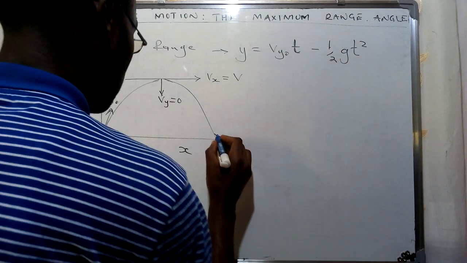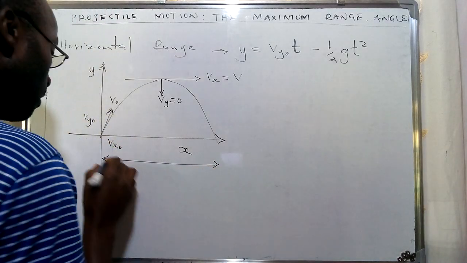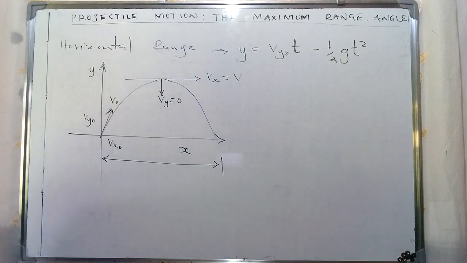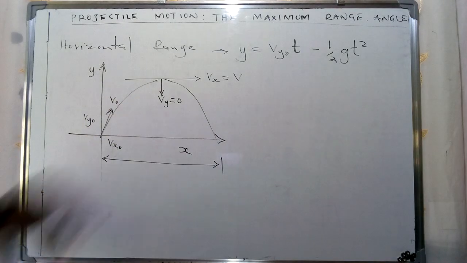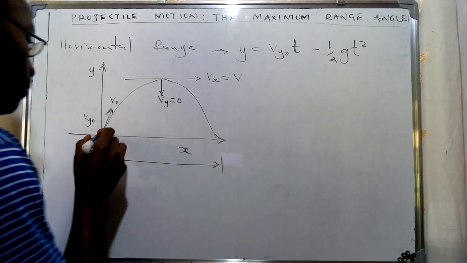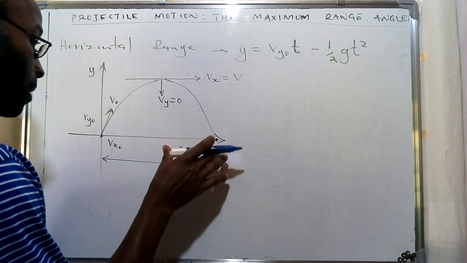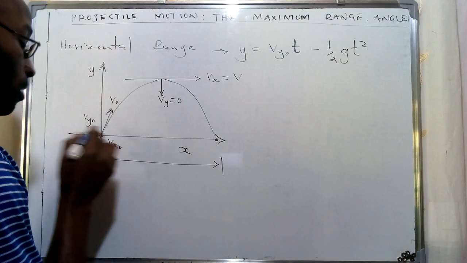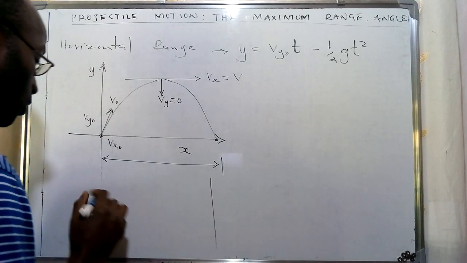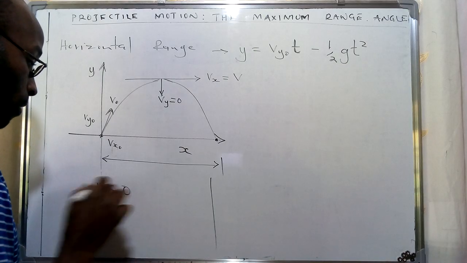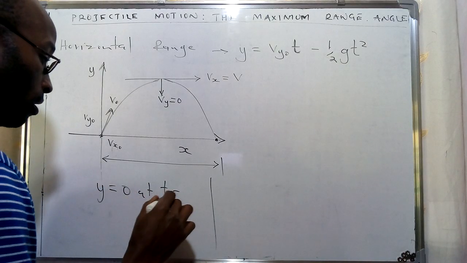But I said that for us to find the distance along this x-axis, or the horizontal distance traveled by the projectile before returning to the ground at this specific point, we're going to have two points of contact between this trajectory and the x-axis, whereby these are going to be forming the points of y equal to 0 at t equals 0.